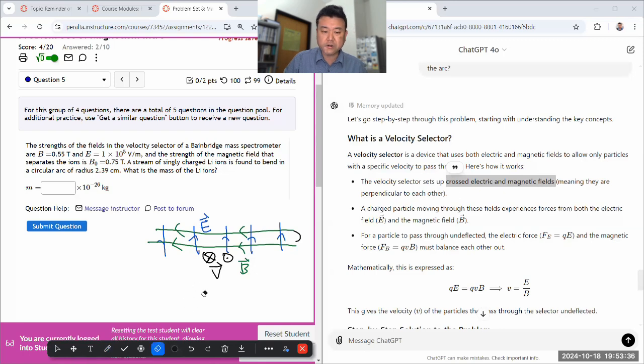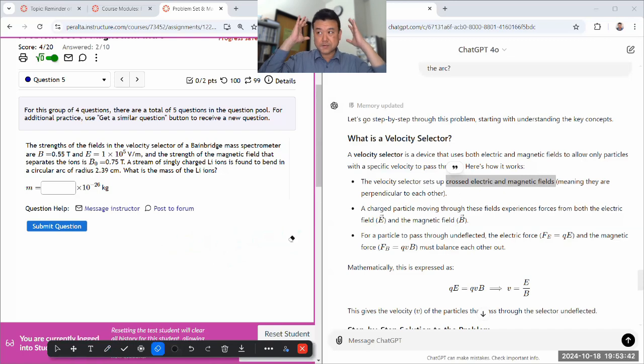This three-dimensional arrangement does take some thinking through to make sure the image in your head is the correct image. Now, in terms of doing the question, all you need is the formula, which ChatGPT is driving. A charged particle moving through experiences force from both fields.